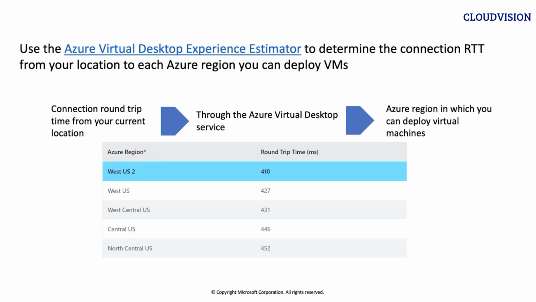Once you decide it, this also adds to the initial planning: if these are the regions where we have the least round trip time, then we can pick and choose those regions, provided they meet our own requirement.